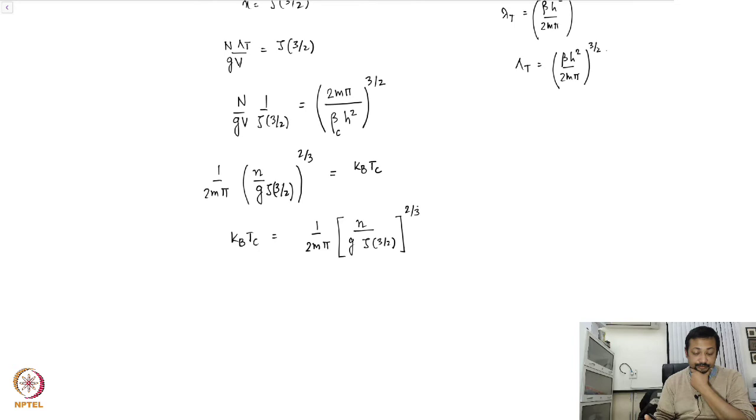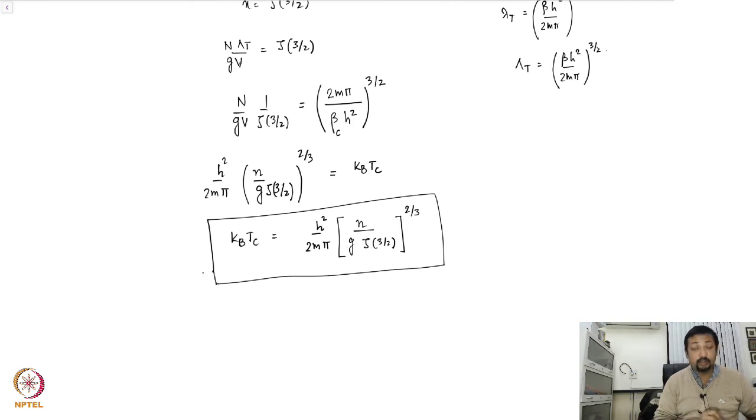I am missing out a factor of h square, so that this has to be h square in the denominator. So this is the critical temperature that you are looking at.